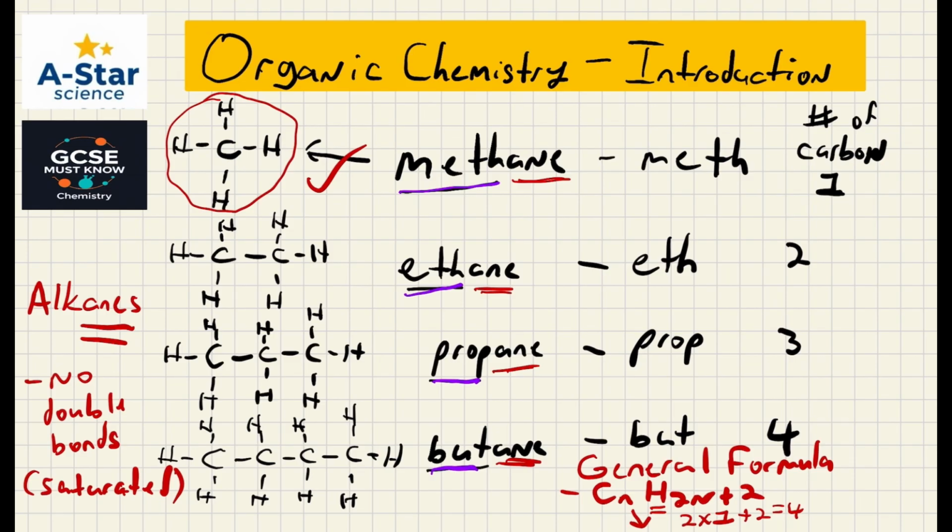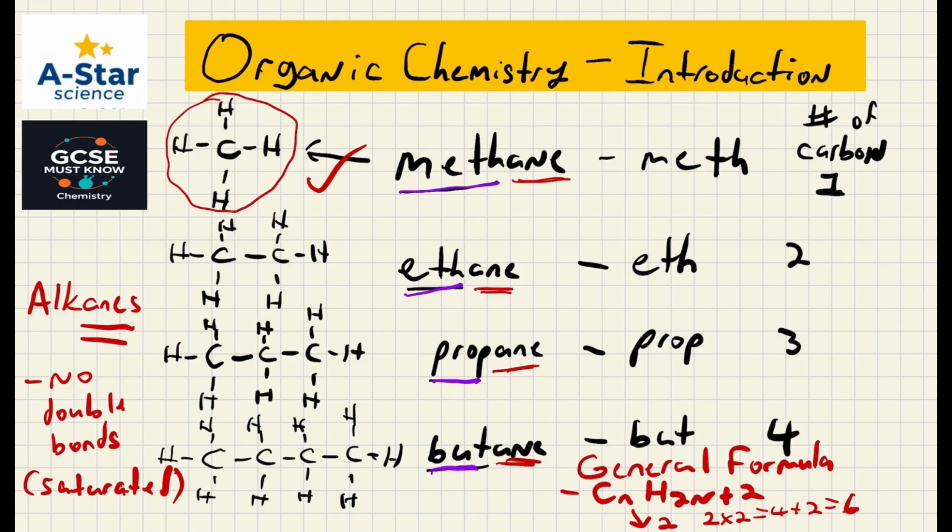The general formula works. We can try that again with another molecule. In this case, we can look at ethane. Ethane has 2 carbons. So for the hydrogens it would be 2 times 2, which equals 4, plus 2, which equals 6.